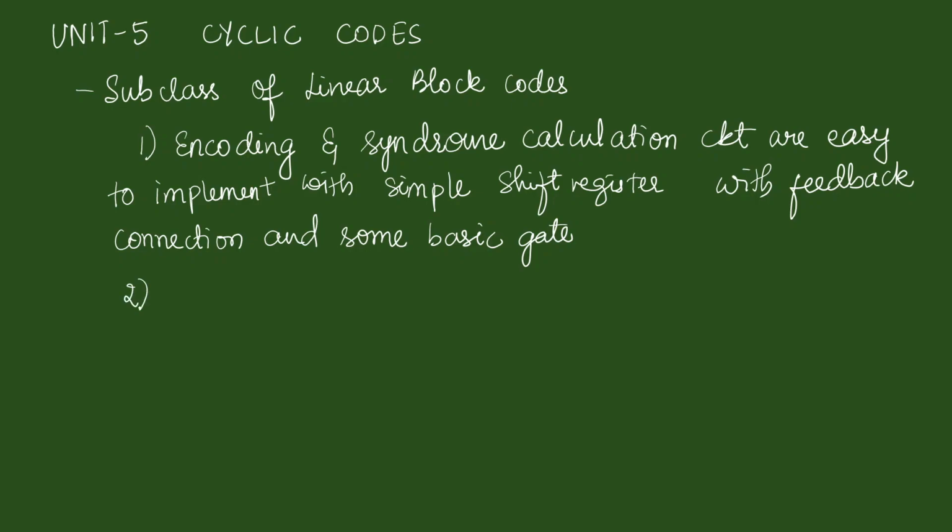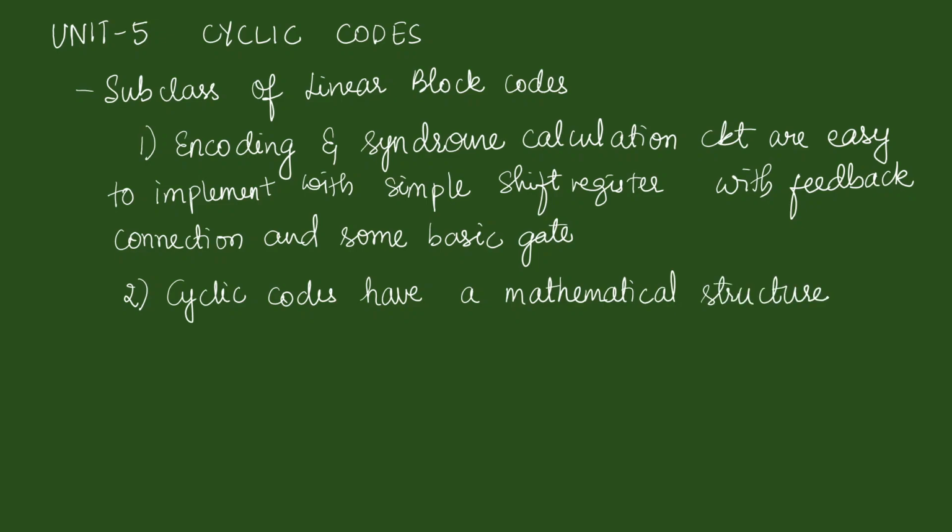And the second advantage that we obtain is that the cyclic codes have what is known as a mathematical structure. When it comes to the arrangement of the redundancy and the information, we can easily identify the position, and if we know one of the code words, we can obtain all other code words that belong to the given code set without knowing even the parity check matrix.